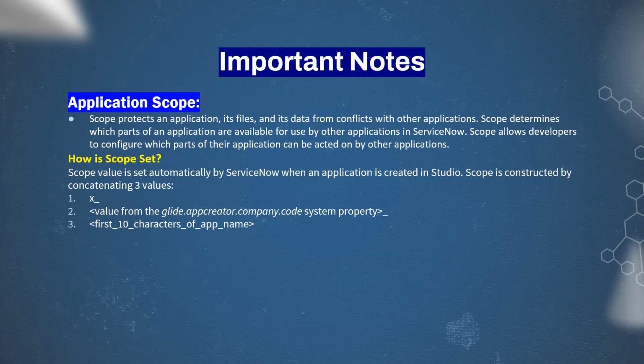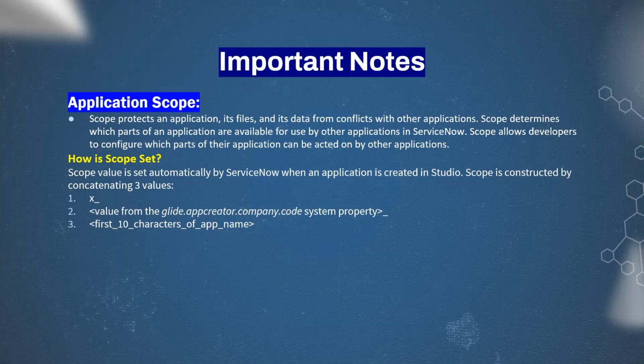Okay. So how will you identify the scoped application? It will start with x underscore, correct? If you recall, when I was showing some demo, when I created the custom field, the prefix was u underscore.